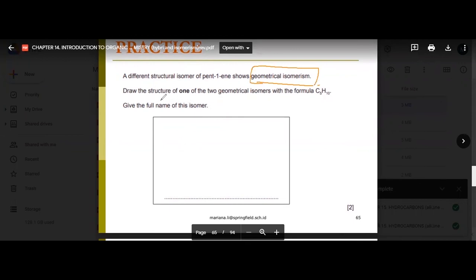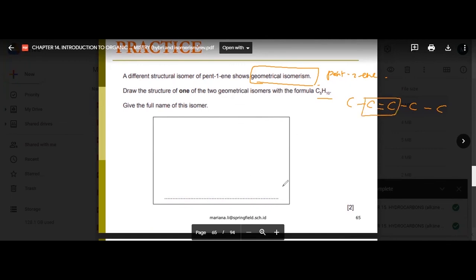Draw the structure of one of the two geometrical isomers with the formula C5H10. So this should be pent-2-ene, right? Because pent-1-ene does not show geometrical isomerism. So the isomer that gives geometrical isomerism is pent-2-ene. Let's draw one of the cis-trans isomers of this. First pent-2-ene: 1, 2, 3, 4, 5.